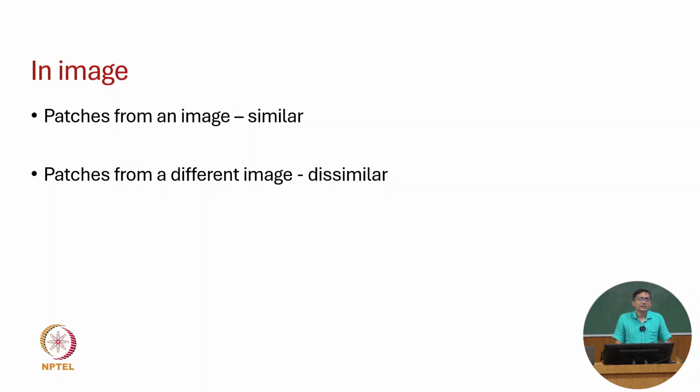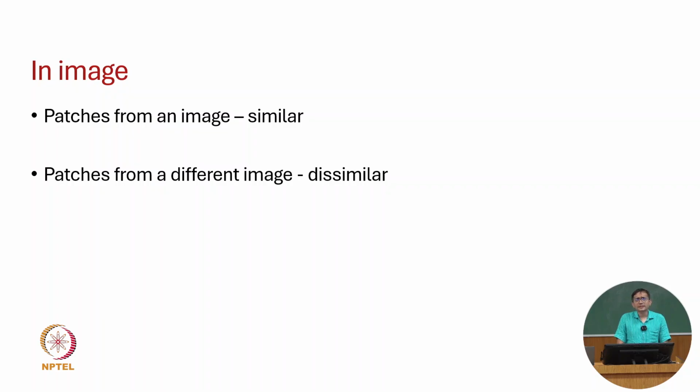We can sample 112 cross 112 patches from the original 224 cross 224 image. Of course, even if we are working actually with just 224 cross 224 image also, we need to just upsample this 112 cross 112 patches to 224 cross 224 before feeding to the network, right?